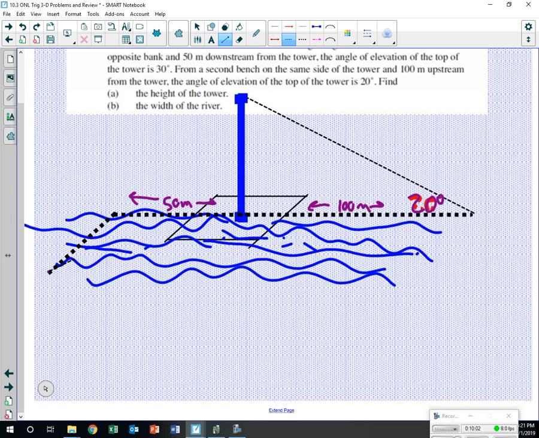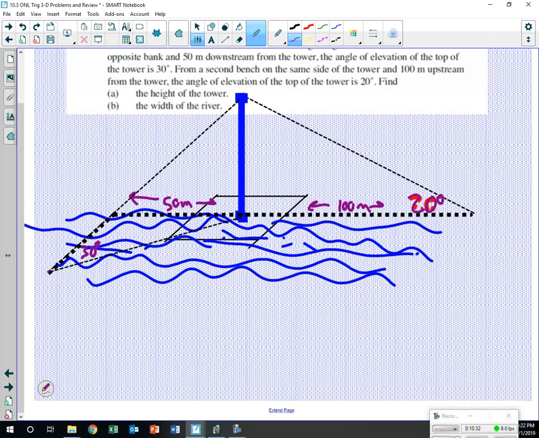We had an angle from the bottom to the top, and that angle was 30 degrees. Okay. So we want to find the height of the tower and the width of the river.